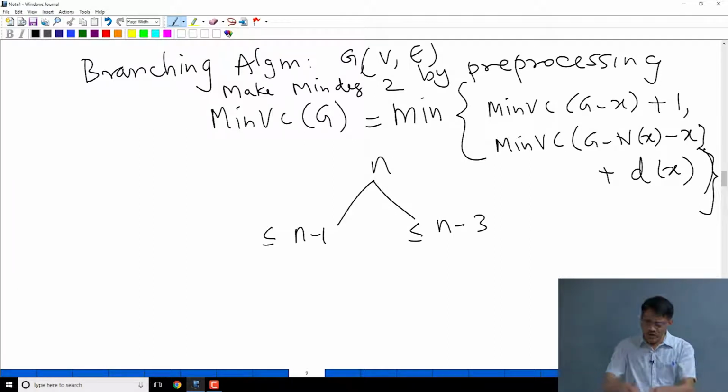And in each branch, I continue to do the same thing. I pick a vertex; I include it in the solution, or delete all its neighbors in the other branch, and I continue. So what sort of running time do you think you will get? Sort of like a Fibonacci recurrence. Good. If I put n minus 2 here, it's exactly Fibonacci: T of n is T of n minus 1 plus T of n minus 2. What is the solution to the Fibonacci recurrence?